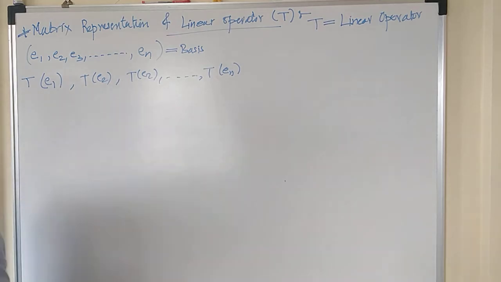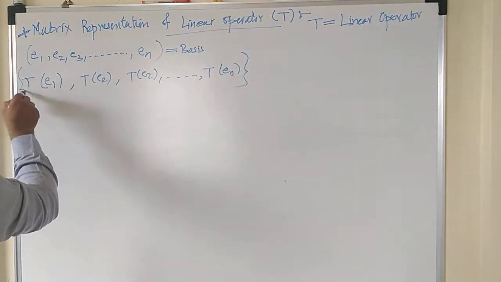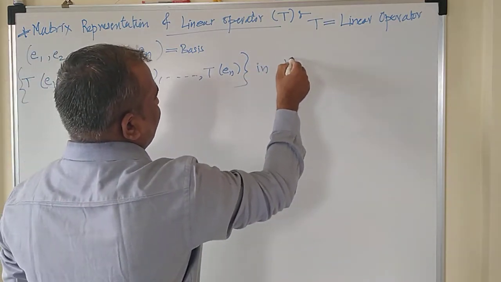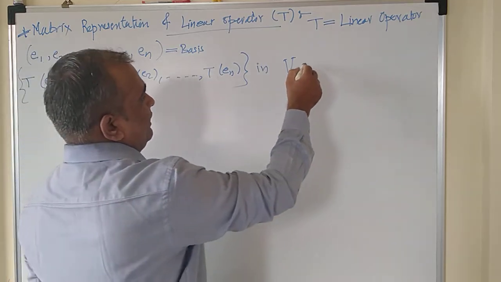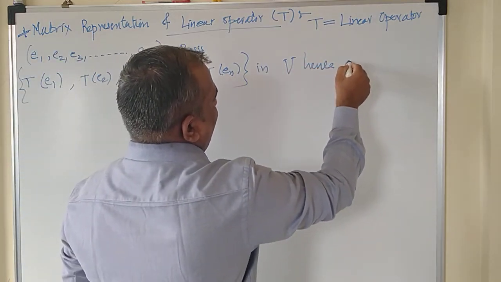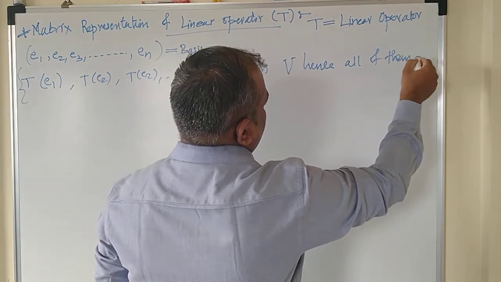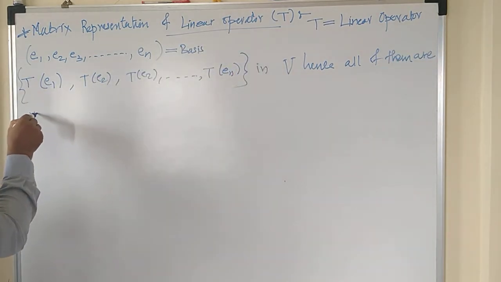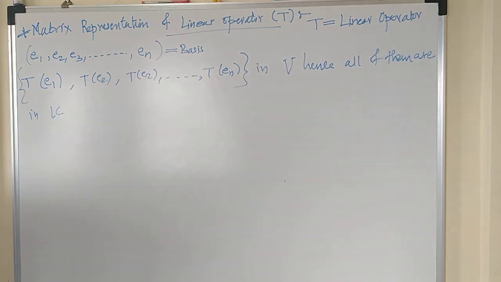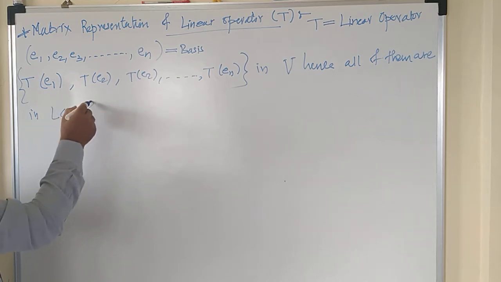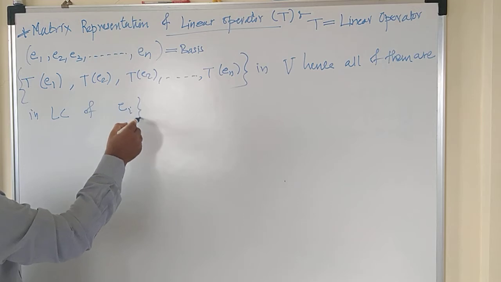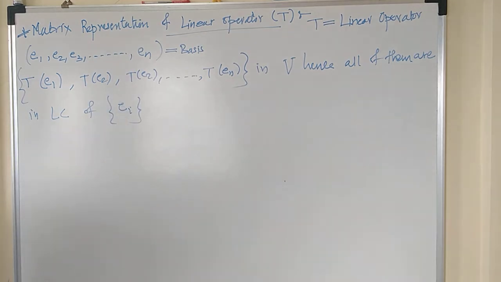These are all vectors in the vector space V, and therefore each of them is a linear combination of the Ei, right?